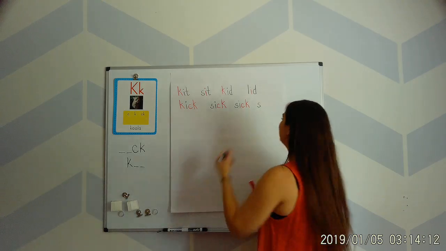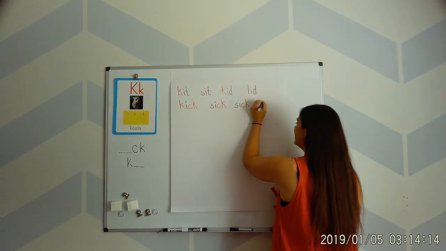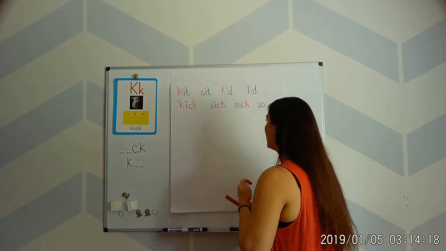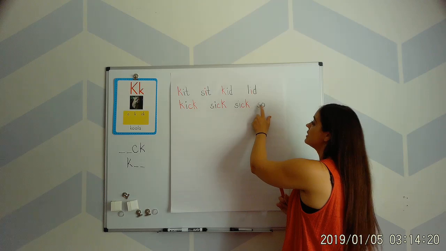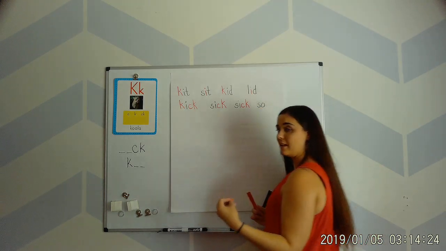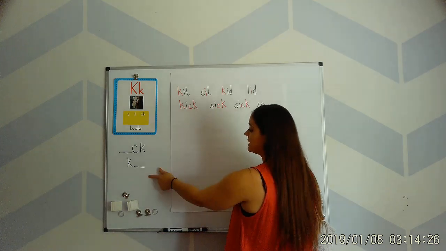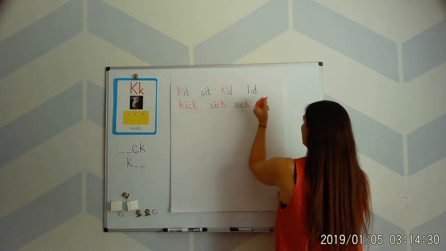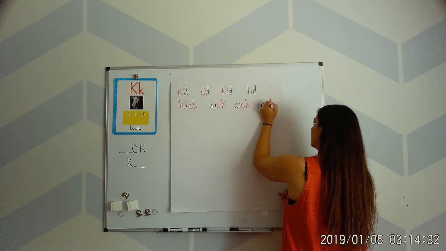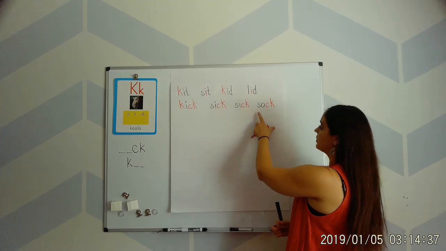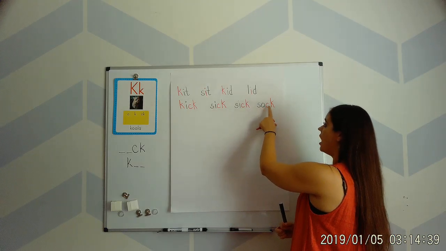We hear an O. So, so. And then I hear that ka in sock. Now that K is at the end. So how are we going to spell it? Shout it out. CK. That's right. Thank you. I am seeing some good participation. I appreciate it. So now let's go ahead and blend this word. Sock.